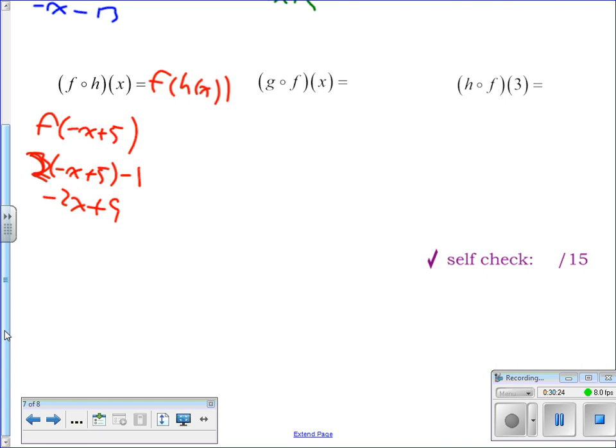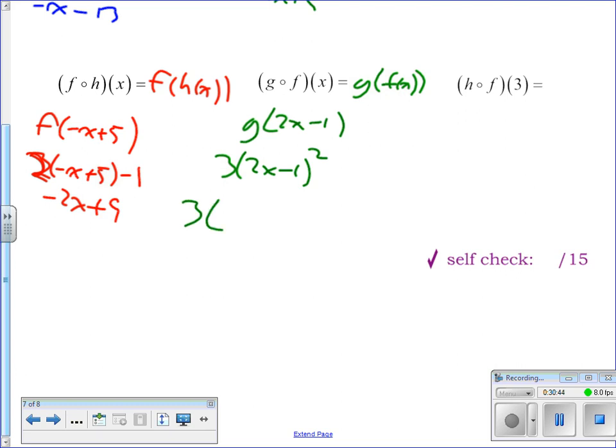g composed of f is g of f of x, which is g of 2x minus 1, which is 3 times 2x minus 1 squared. The shortcut works for this too, just like it works for any squaring. Doesn't matter what's in first or last.